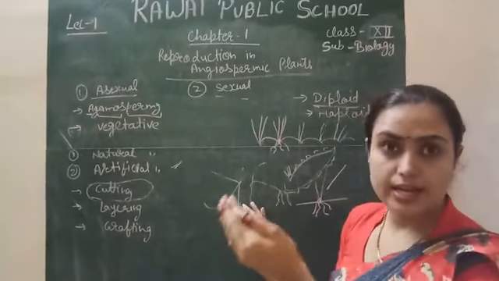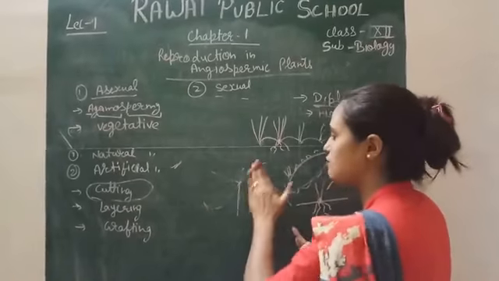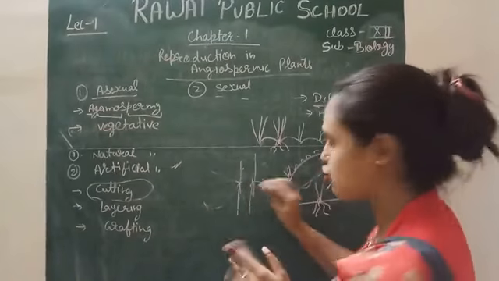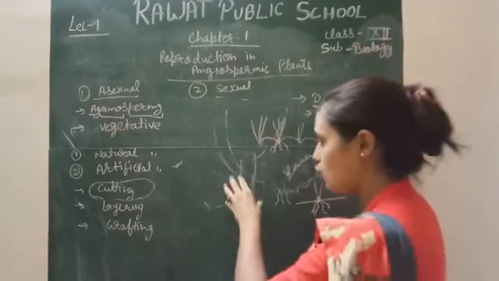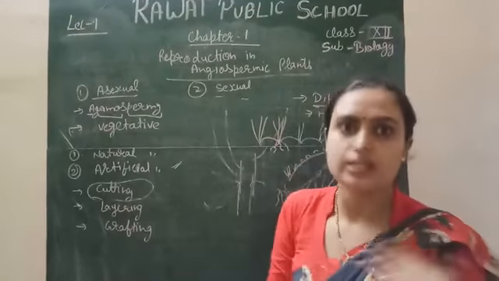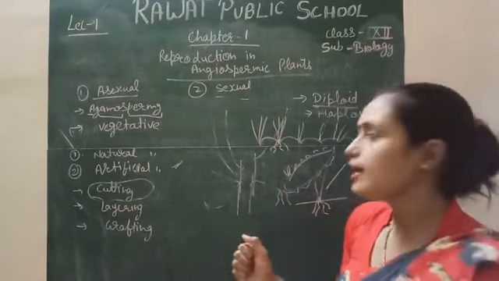Next is air layering. In a few plants, the trunk is very thick and very large, and the branches are in the air only, not near the substratum. So what will we do in that condition?